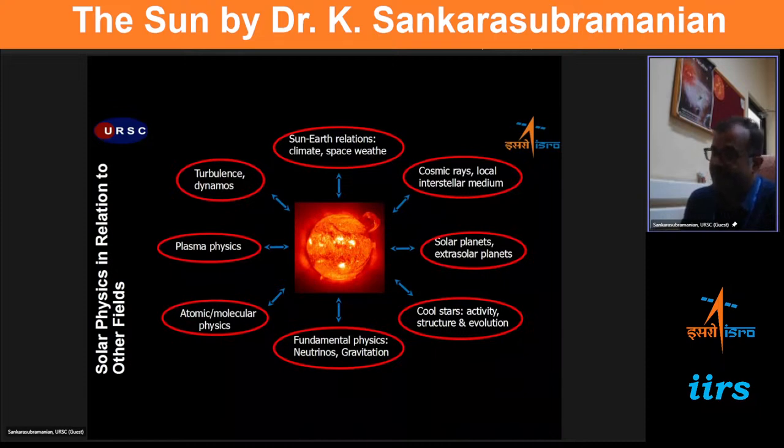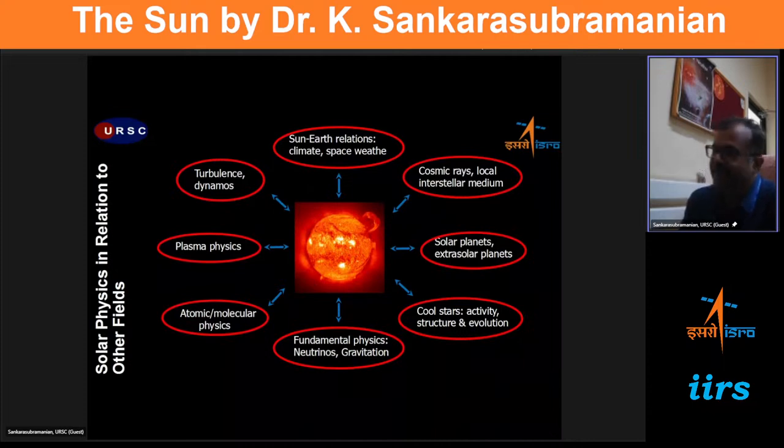Plasma physics: the sun is made of ionized gases, which we call a plasma. The plasma dynamics is an important element to study the sun. And one aspect of research on plasma generation in the laboratory, a lot of information is available on the sun.